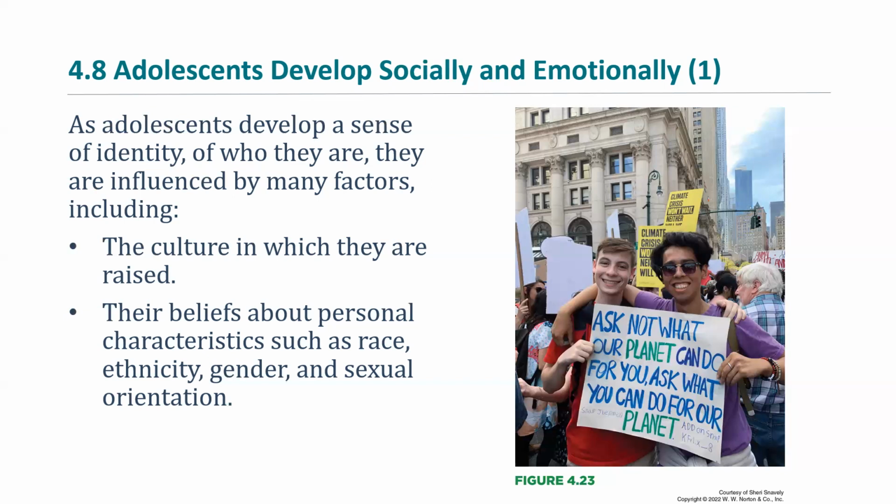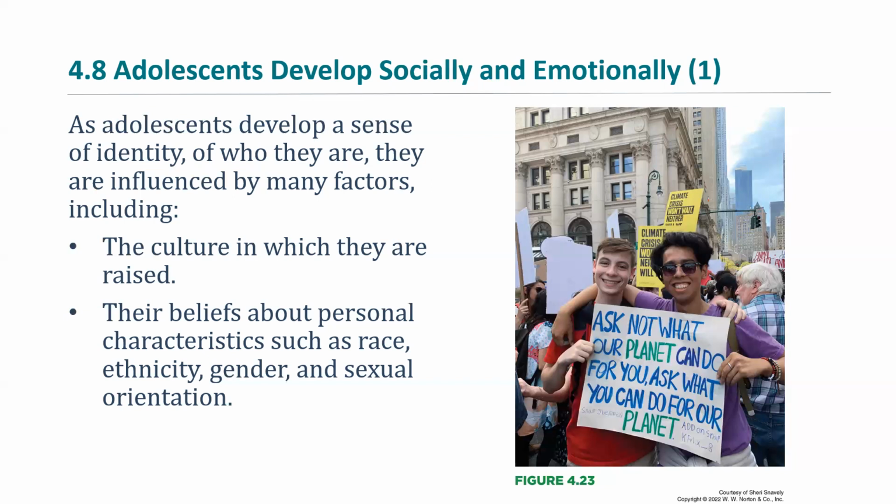So going back to the screen here, as adolescents develop a sense of identity of who they are, they are influenced by many factors, including the culture in which they're raised and their beliefs about personal characteristics such as race, ethnicity, gender, and sexual orientation.